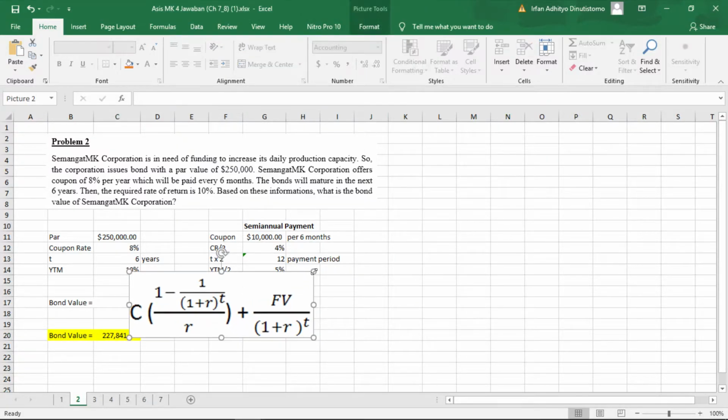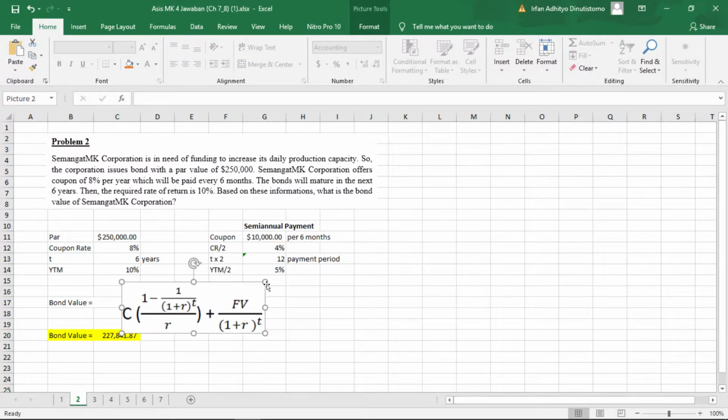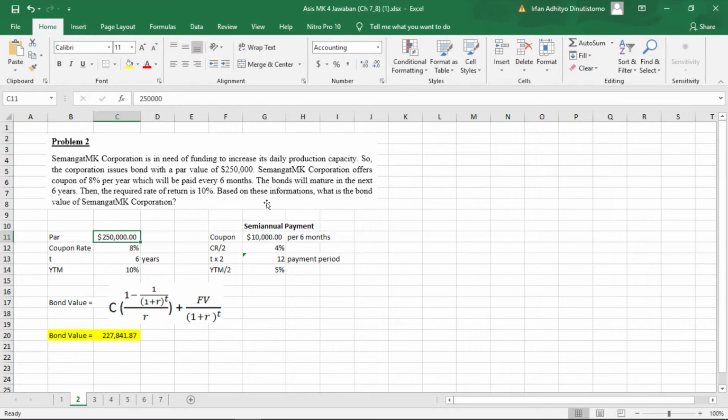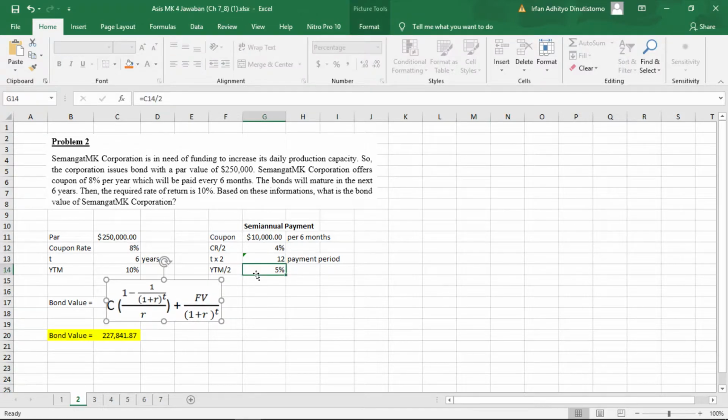I think bond valuation is quite simple, but you just have to be careful with annual versus semi-annual payments, and with the distinction between the coupon rate and the yield to maturity rate. Those are the two things that you really need to look at.